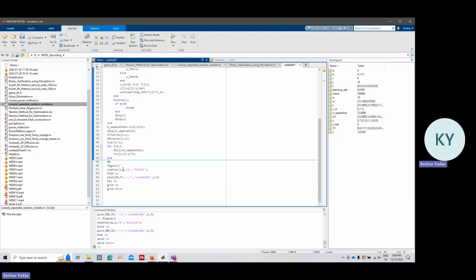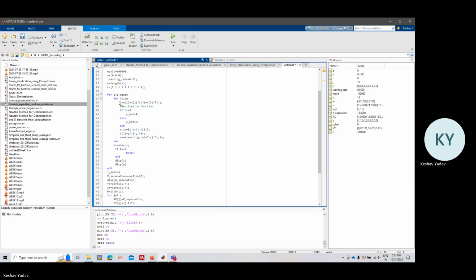So my separating line in this case: when Z is 0, that represents the separation line.